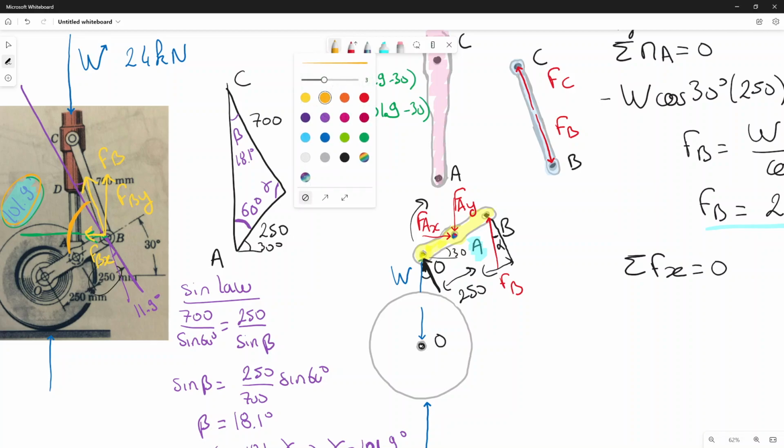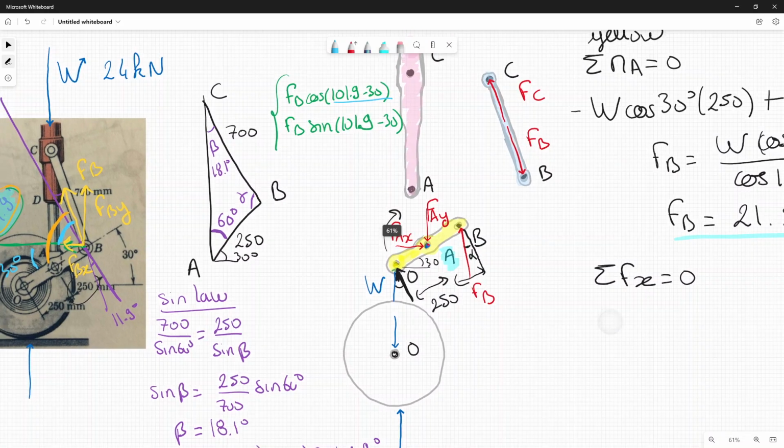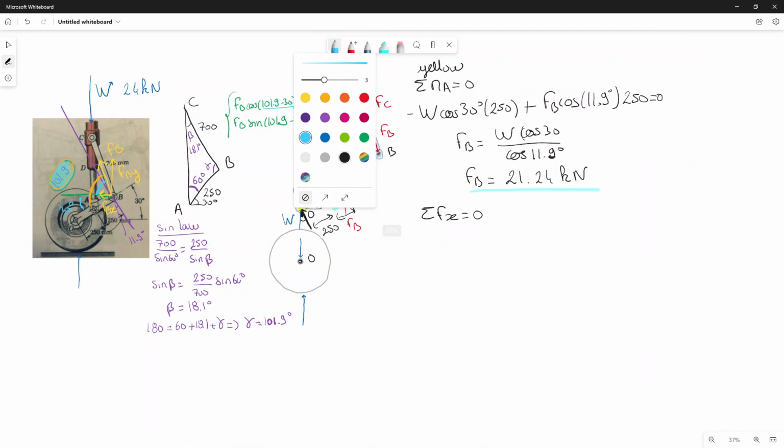And let's call this in blue, we know also this angle is 30 degrees. So that's why I have 101.9 minus 30, because I just want that angle inside. Okay? So let's come back to our equation, sum of the forces on X equals 0.